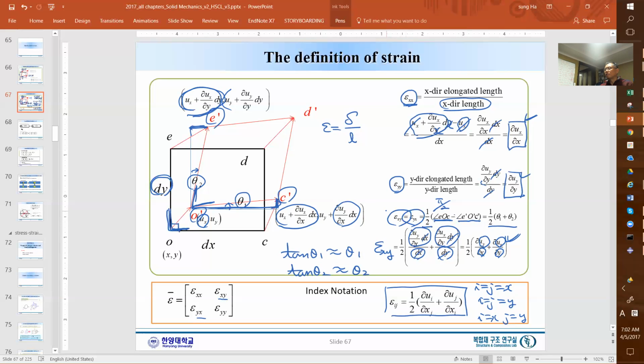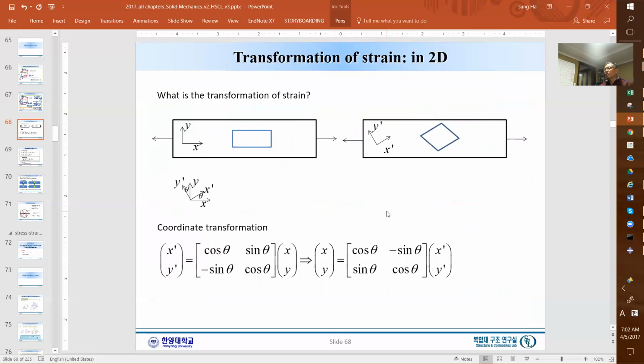Now, more importantly, we need to understand the meaning of the strain, and now we will transform the strain field from one coordinate to another coordinate. So what is the transformation of strain, or strain transformation? Simply, we have some sort of deformation field in XY.